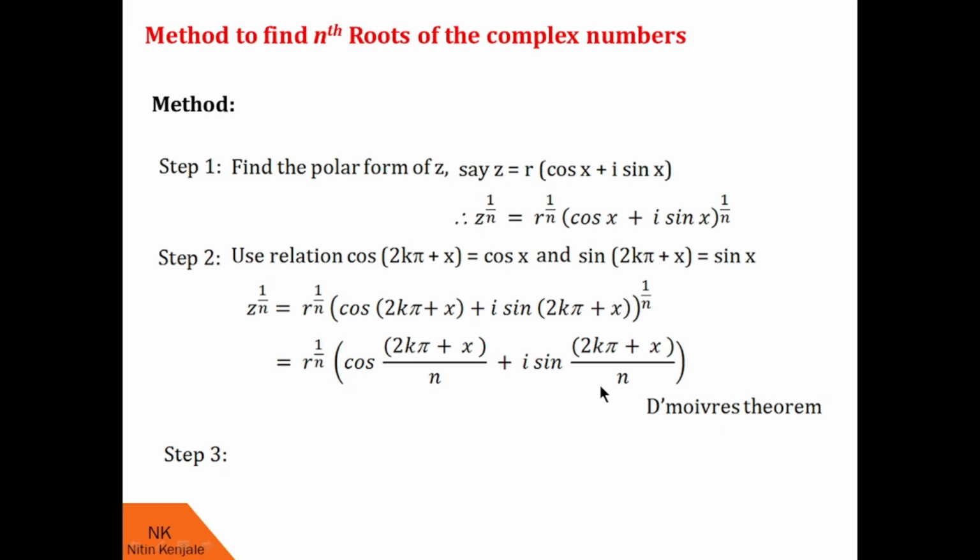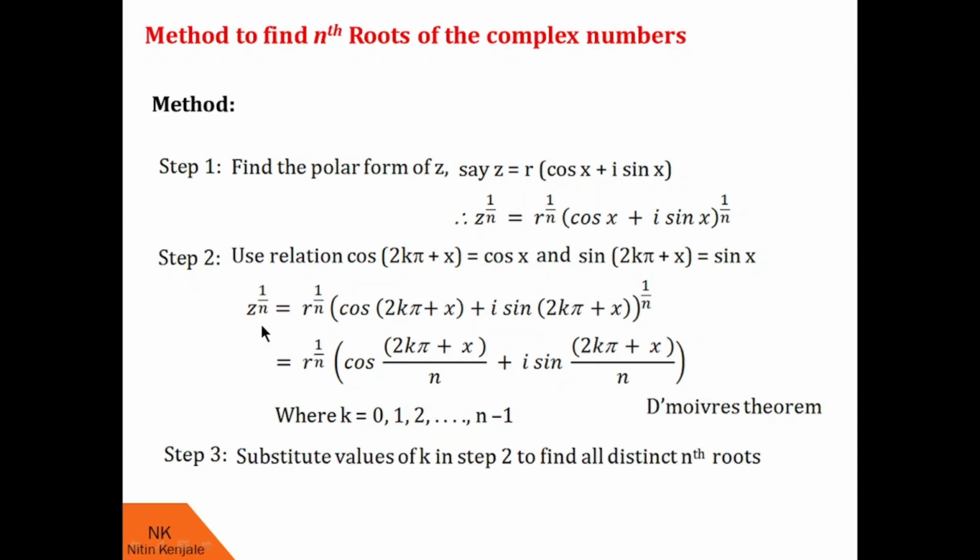Now at this point we say k varies from 0 to n minus 1. In the beginning I said k is any integer. Now I am saying k takes values from 0 to n minus 1. In fact, k can take all integer values, but for these values of k, z takes distinct values.